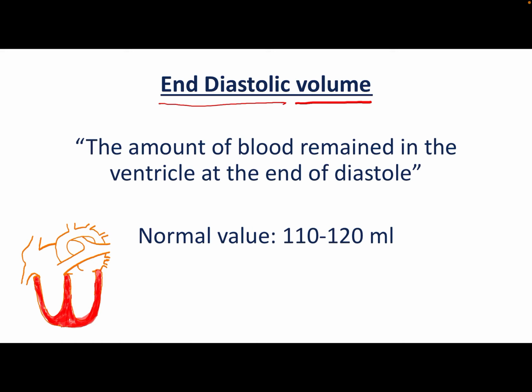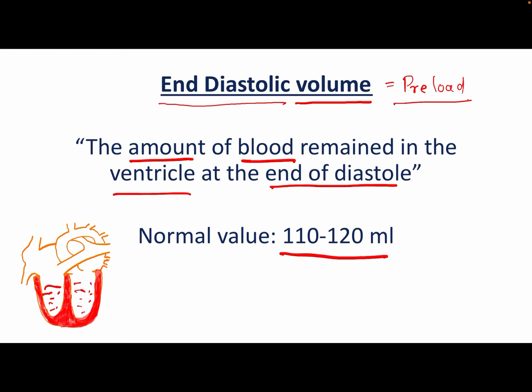During this phase, the amount of blood which is there in the ventricle at the end of the diastole is the end diastolic volume, and this end diastolic volume is nothing but the preload. It equals the preload. We will see this also. Preload is the load acting on a cardiac muscle before the muscle starts contraction. The normal value for the end diastolic volume is 110 to 120 ml.